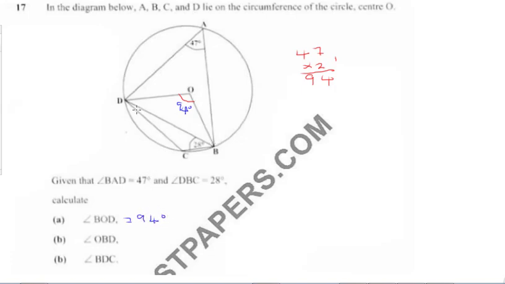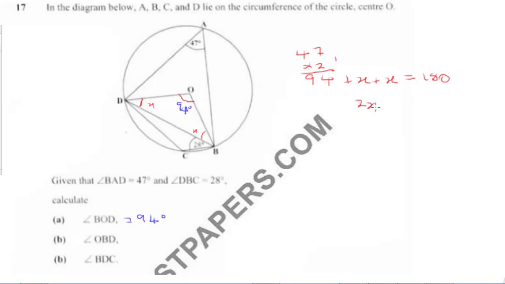Then OBD. We can see the triangle ODB. Do you see that triangle? If this is 94 degrees, we agreed that the angles at the chord coming from the center of the circle are equal. So let's assume this is x and this is x. Angle x and angle x are the same. And this is a triangle, so 94 plus 2x should give us 180 degrees.